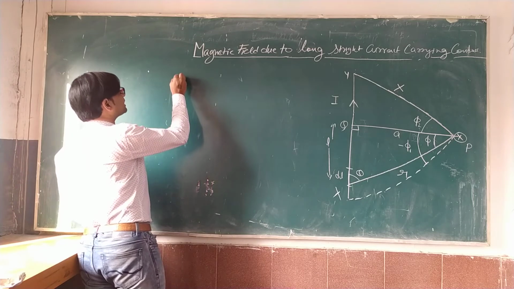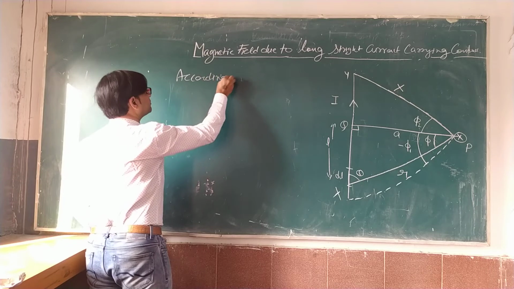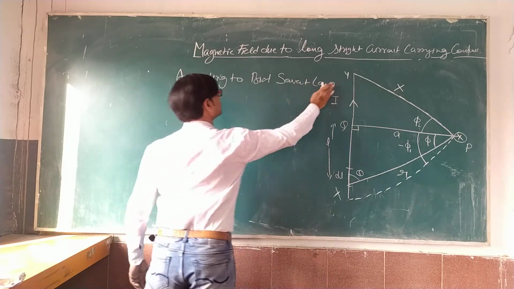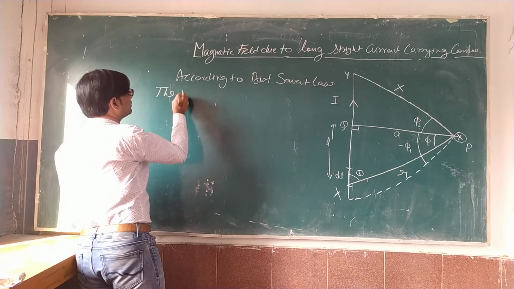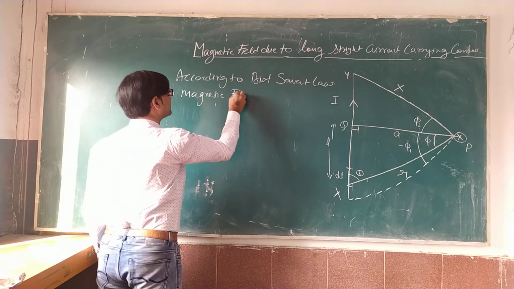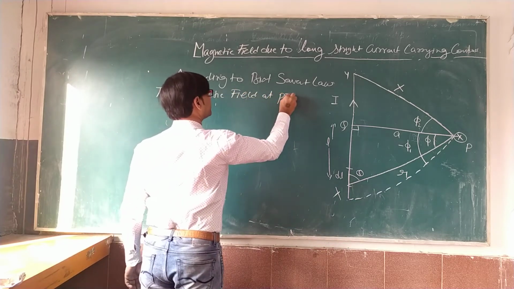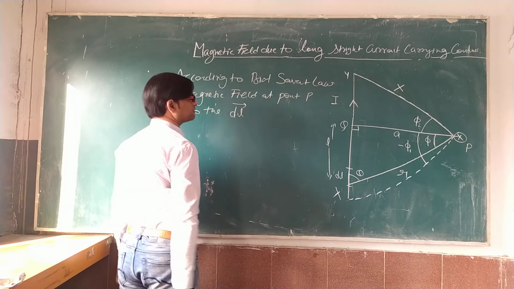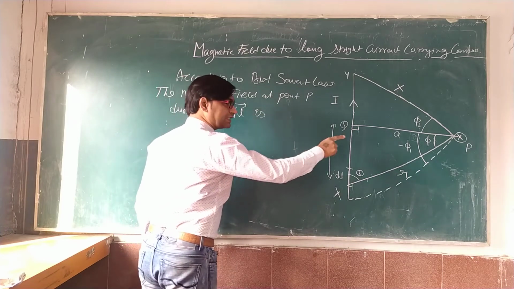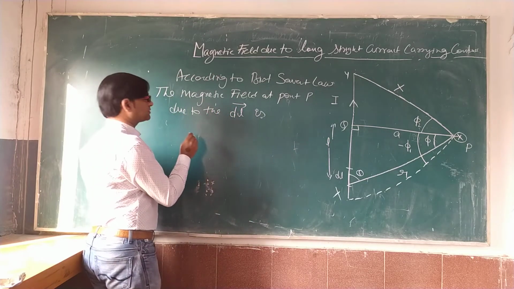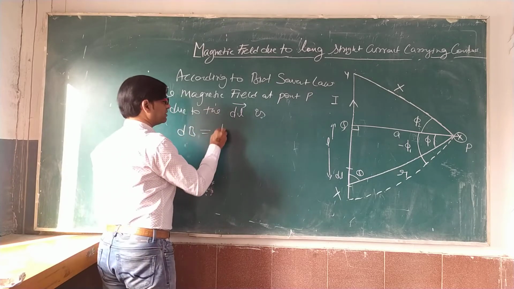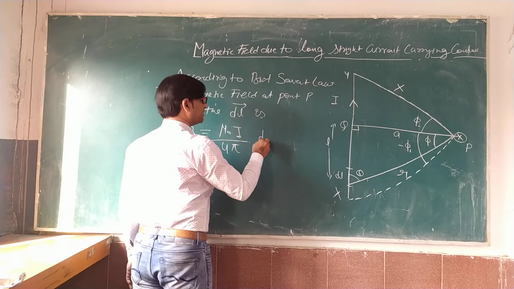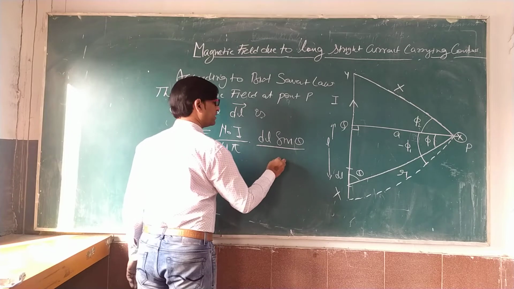According to the Biot-Savart law, the magnetic field at point P due to the current element dl is, as we calculated in the previous lecture, mu naught I by 4 pi, dl sine theta by r square.